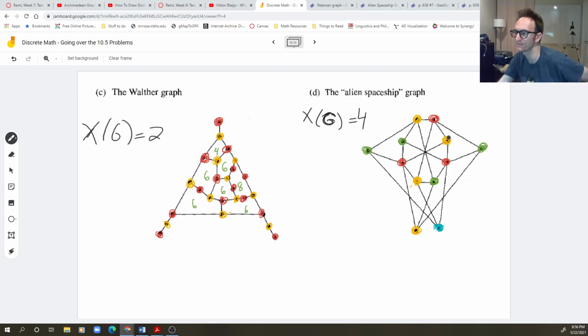If this is green, this one doesn't have to be yellow. If this is green, no, that doesn't help. But that is kind of interesting a little bit. That doesn't actually change anything.